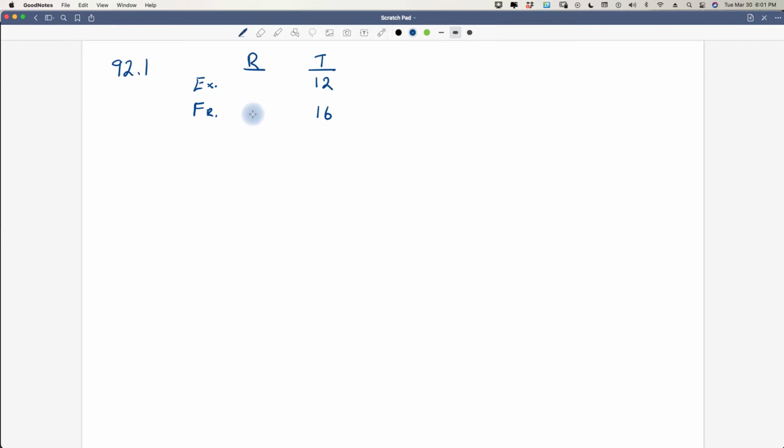Find the rate of each train if the rate of the freight train was 15 less than the rate of the express. So you could write this 2 different ways. You could say that the express was the freight minus 15, or that the freight was the express plus 15. So either way should give you the same answer.